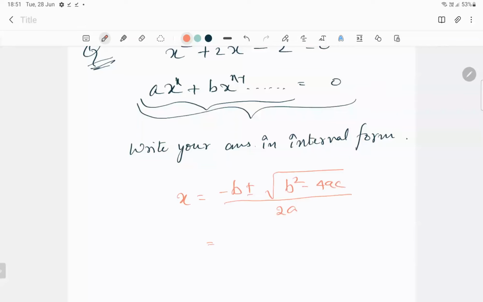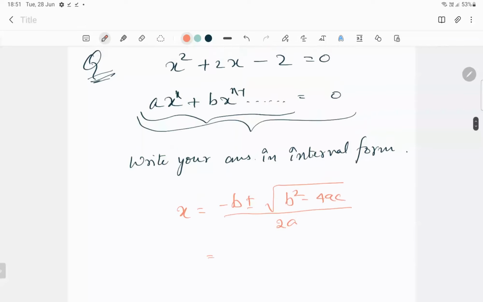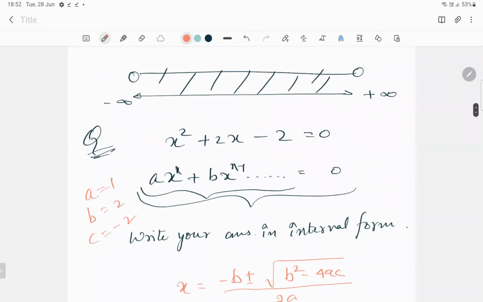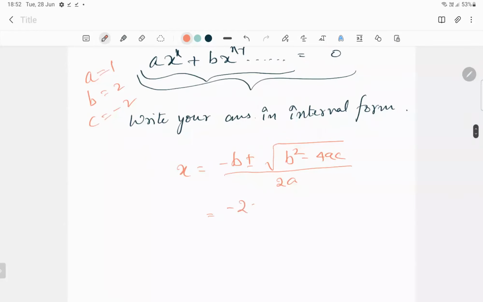What is b here? b is 2. a is equal to 1, b is equal to 2, and c is minus 2, right? Now just put this value here. So minus 2 plus or minus square root of 4 plus 8, that will be 12, upon 2.